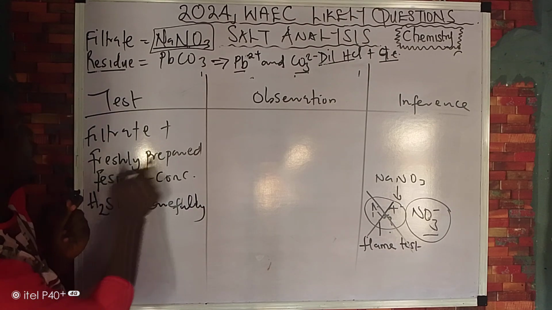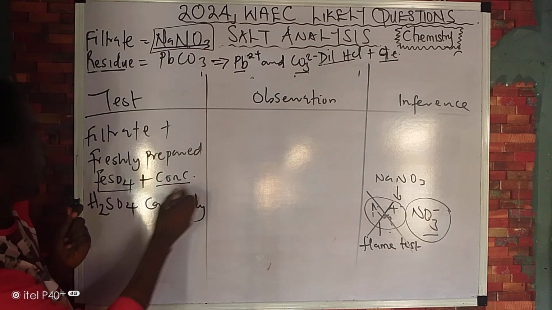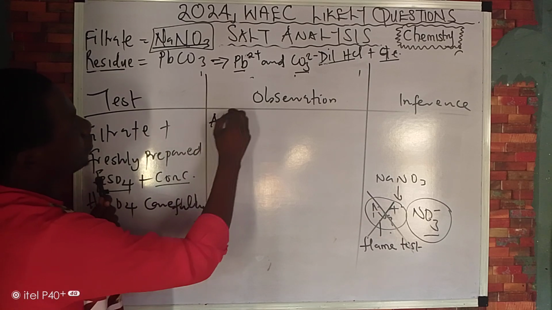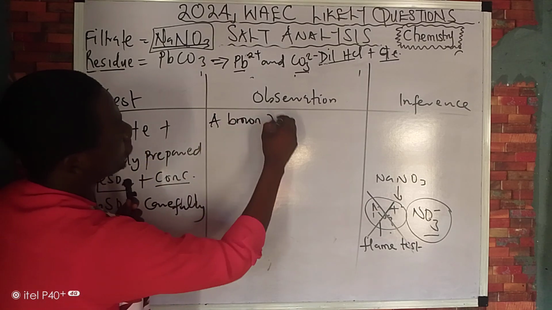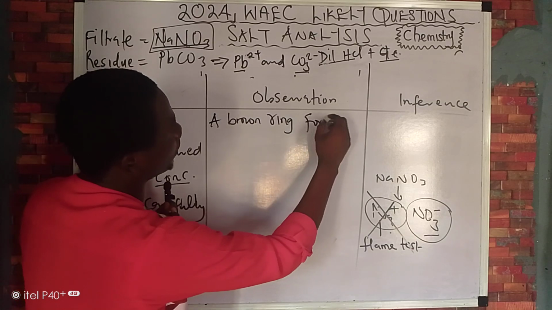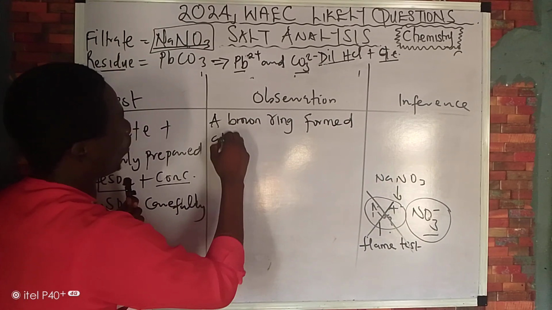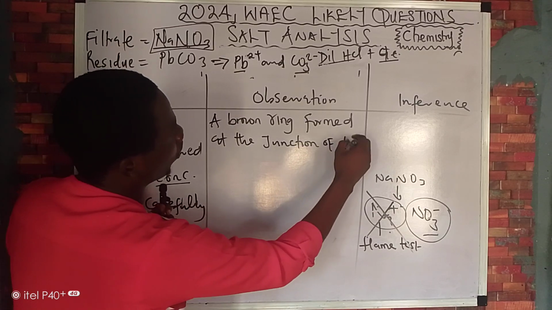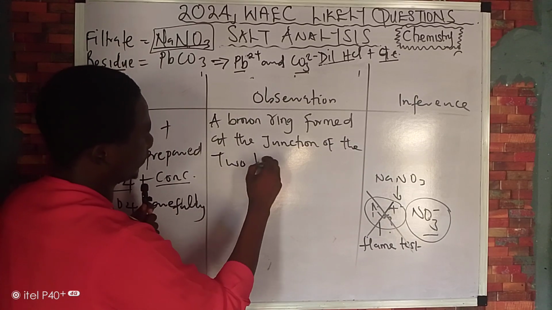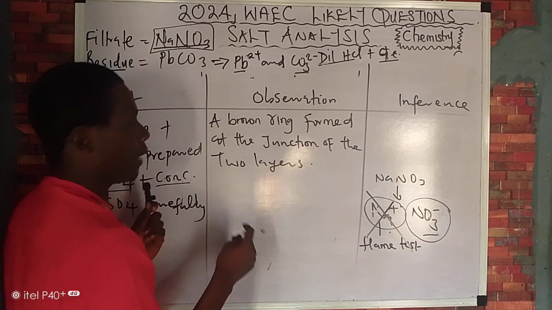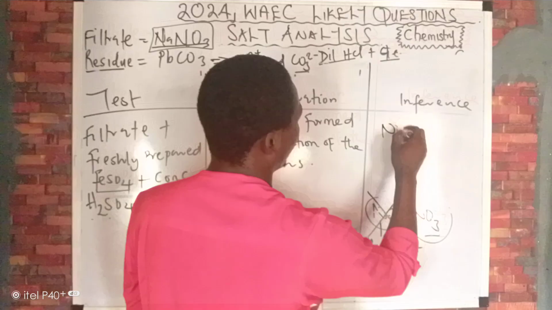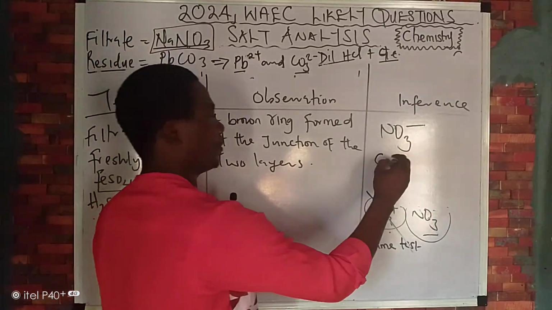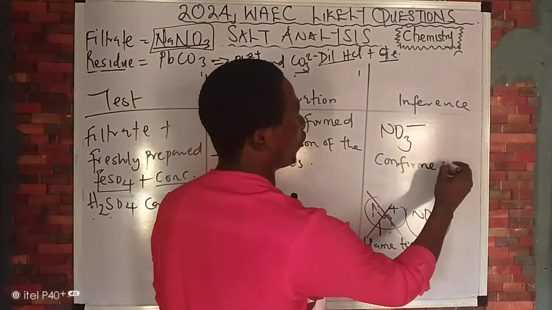Freshly prepared FeSO4 plus concentrated H2SO4, what will be observed? Very easy. You will see that a brown ring is formed at the junction of the two layers. Now this brown ring is due to the presence of NO3-. Confirmed.